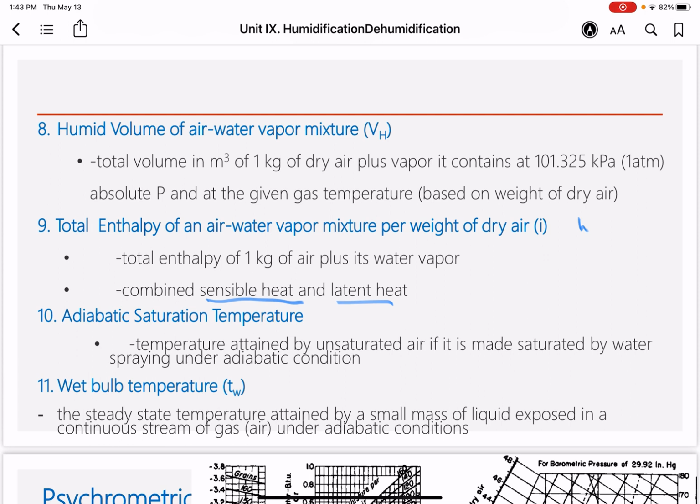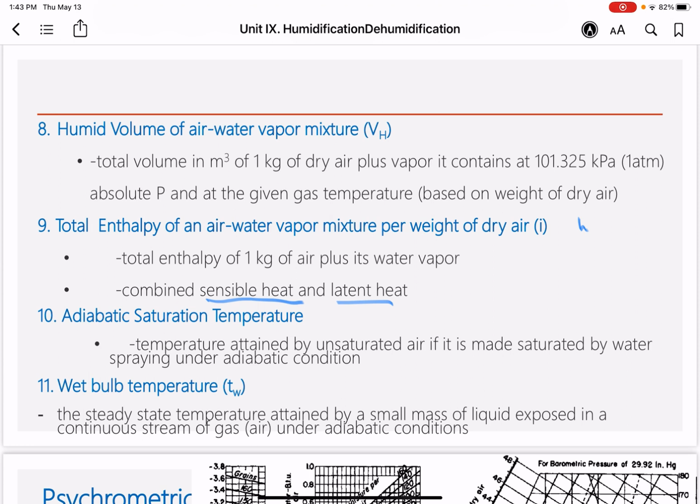Okay? Number 10 is your temperature attained by unsaturated air if it is made saturated by water spraying under adiabatic conditions, or we call that your adiabatic saturation temperature. In your module, I think I've given you a figure of an adiabatic spray dryer, and then we derive the equation for that given in equation 9.11. Lastly is your wet bulb temperature.